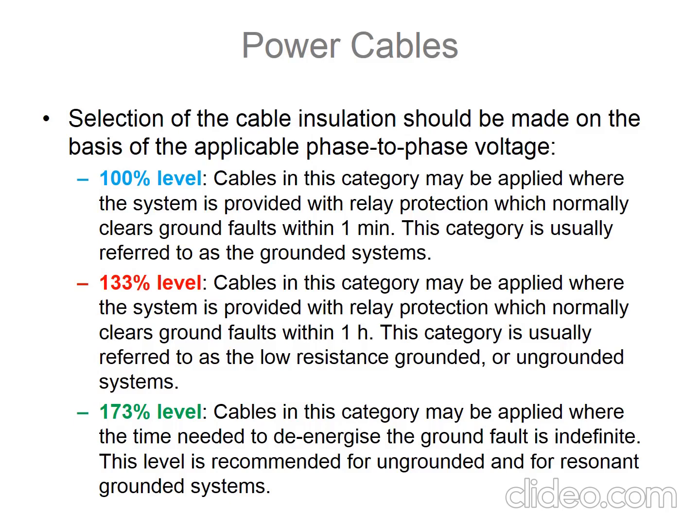Next is the selection of the cable insulation. There are three types. The first one is the 100% level, which clears the ground fault within 1 minute. Then we have the 133% level, which clears the ground fault within 1 hour.